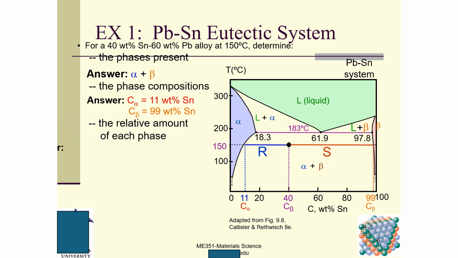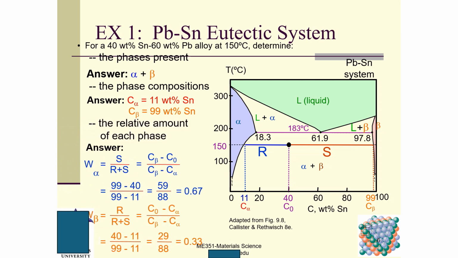And for the relative amount of each phase, we use the lever rule. We still use this tie line. We have arms R and S, and we know the lengths of these two arms, and C0 here. For W alpha, we use the length of the arm that is opposite to alpha.